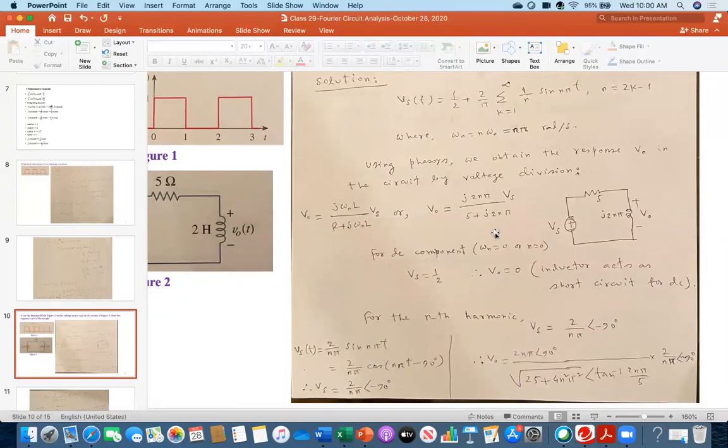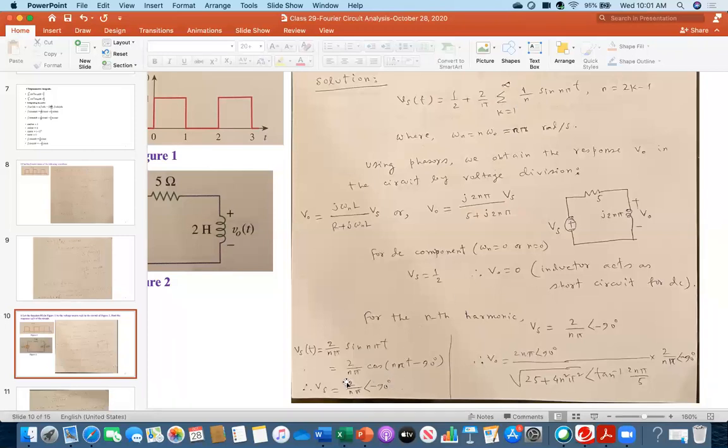But because I am applying the phasor, I want to convert the sine function into cosine. So I am doing this: 2 over n pi cosine of n pi t minus 90 degrees. So that I can write in phasor format, Vs is 2 over n pi angle minus 90 degrees. So now this is my function for this one. This Vs, 2 over n pi angle minus 90 degrees, represents this time domain function.